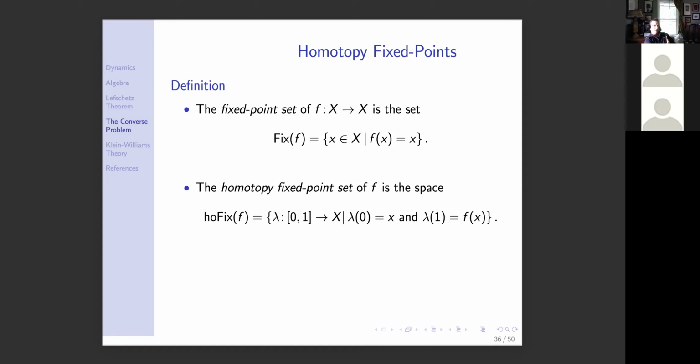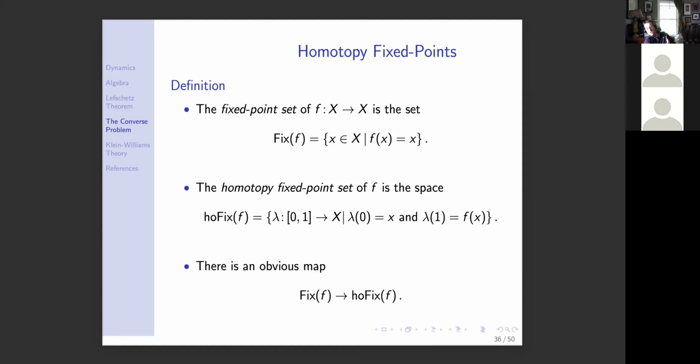That's called the homotopy fixed point set. And obviously, there's an obvious map from the fixed point set to the homotopy fixed point set given by choosing the constant path at a fixed point.